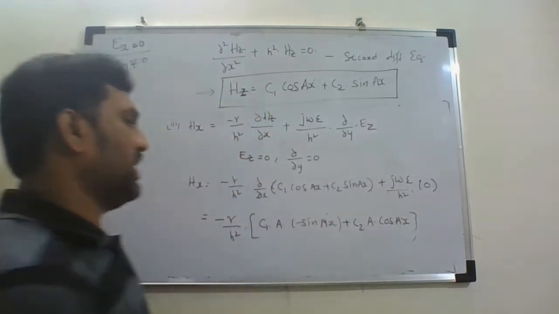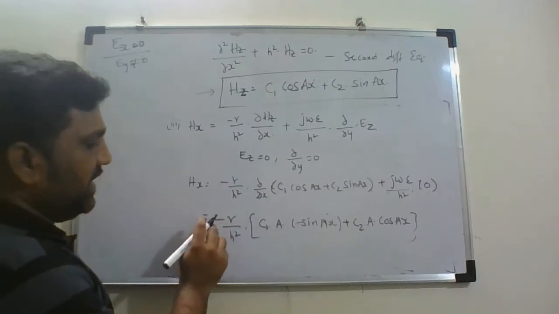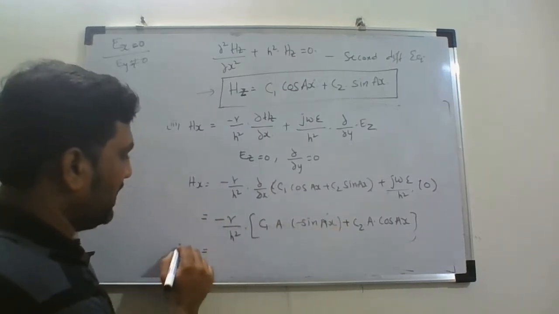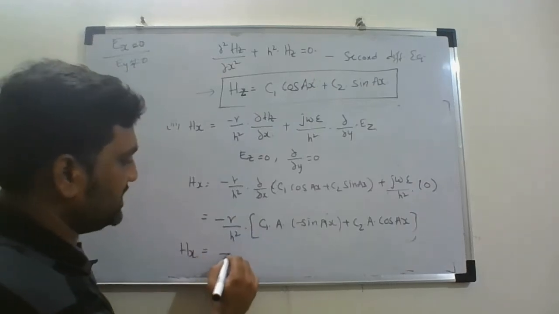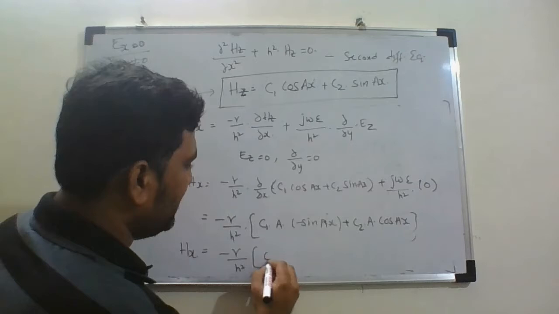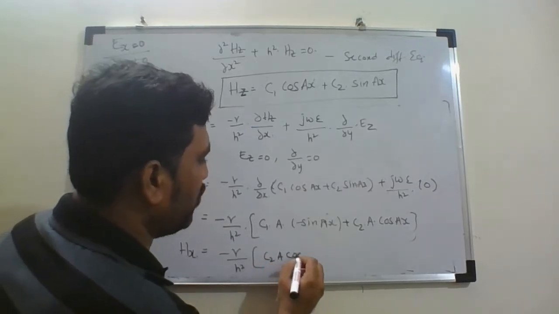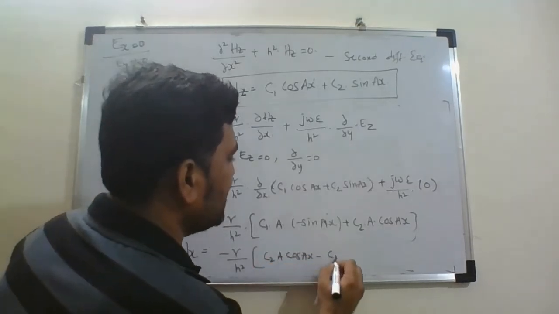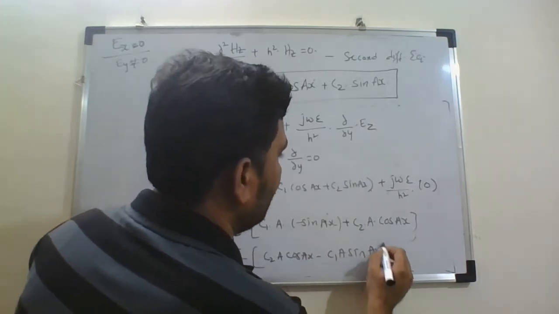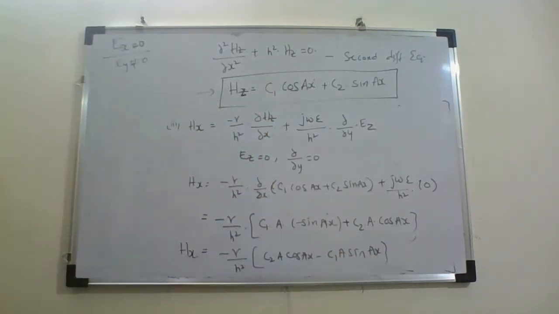So I can take out the minus term common, or I can write it as it is. Hx is equal to minus gamma by h square into C2 into a into cos ax minus C1 into a into sin ax. So this is the term that I will get.